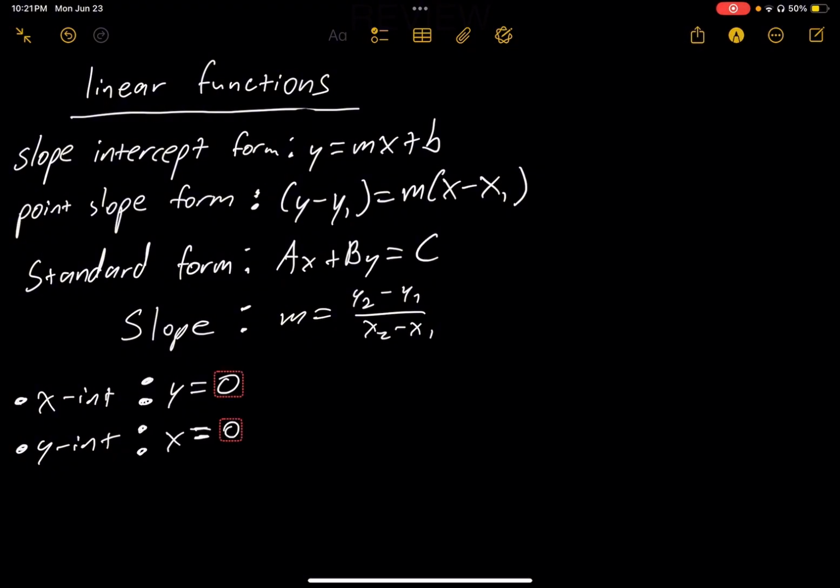So know each of those, know how to find each of them. If you have your y equals mx plus b formula already with the m and b figured out, to find the x-intercept, you would plug in 0 for y, and vice versa. If you're trying to find the y-intercept, you'd set x as 0.